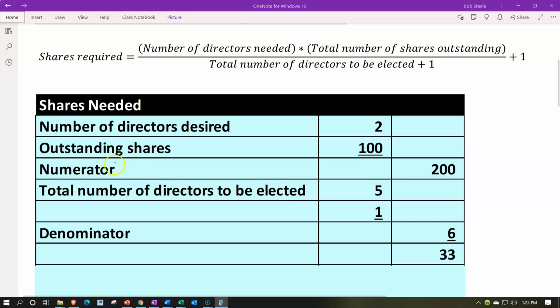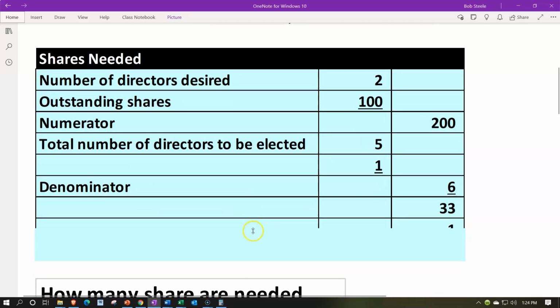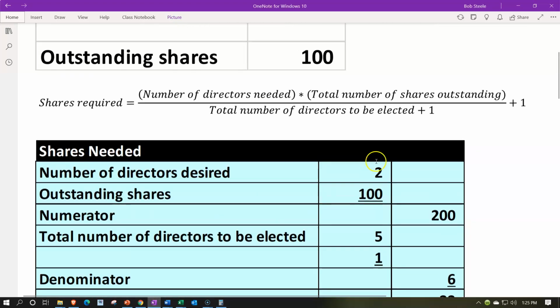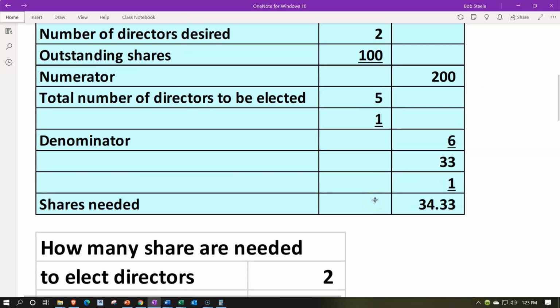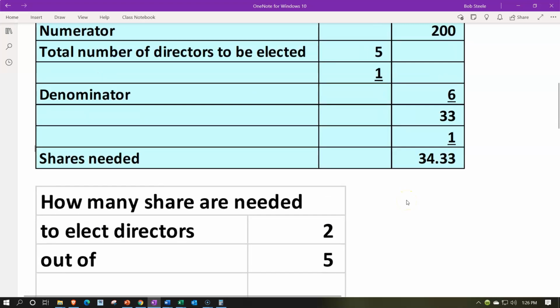So 33 about there. And then we're going to take that and add 1 to the whole thing. That's going to give us our 34.33 about. Now, of course, we cannot have a fraction of a share, so I believe we're going to drop the 0.33 and keep it at the 34, and I believe that's the reason why we've got this plus 1 at the end.